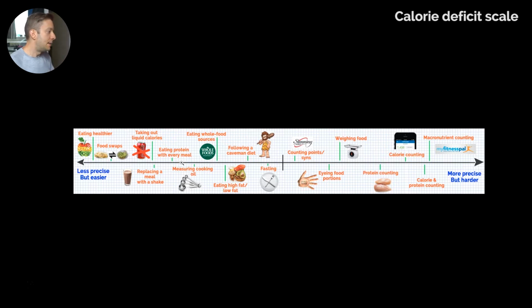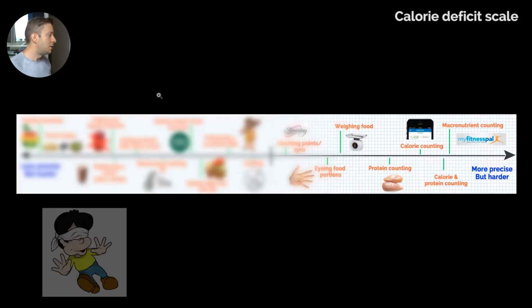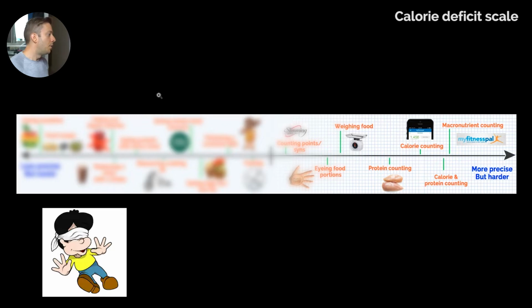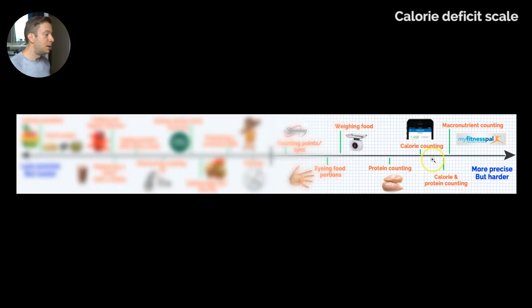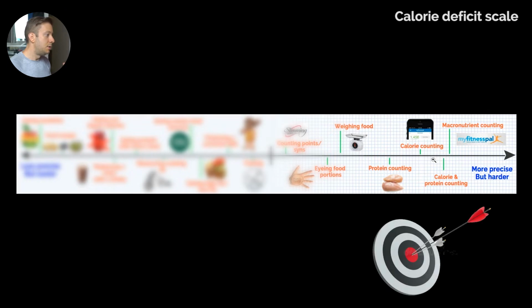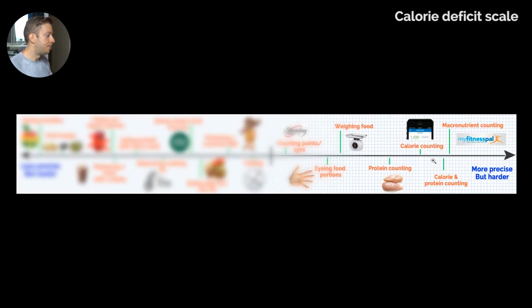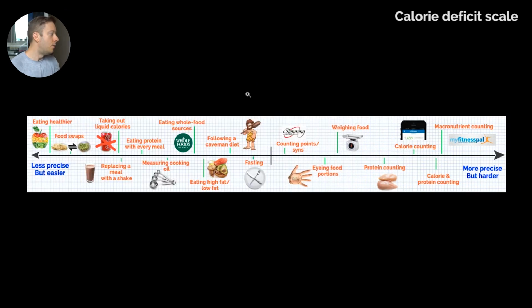So on the left you're guessing, you're not quite sure, but if you're seeing results, that's great. And on the right you're counting things, so you know if you're in a calorie deficit or not. Like I said, it's a bit more precise and you're fully aware, it's not blurred out or anything. So I'd just like to quickly go through the scale starting from the left.